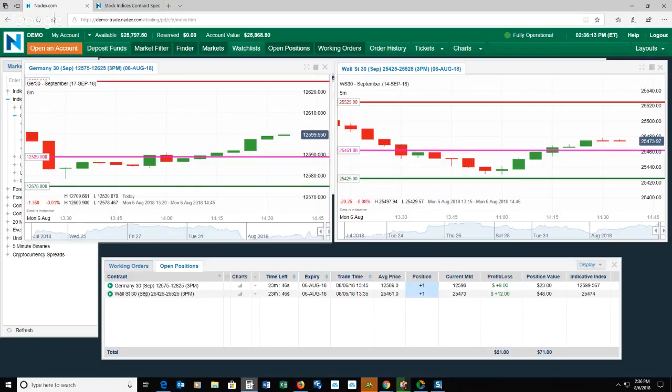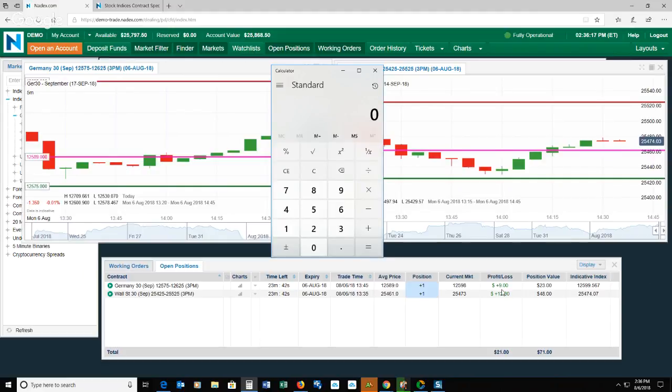To give you an example of that, let's say that it's expiring right now. You made $9 and you paid $14 on entry. So 9 divided by 14, you made 64% on the Germany 30.